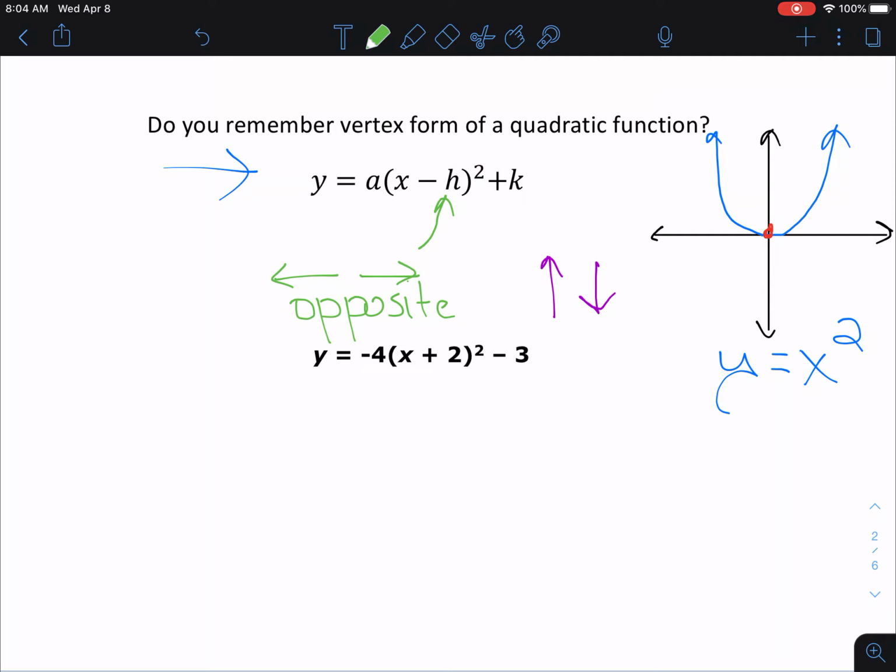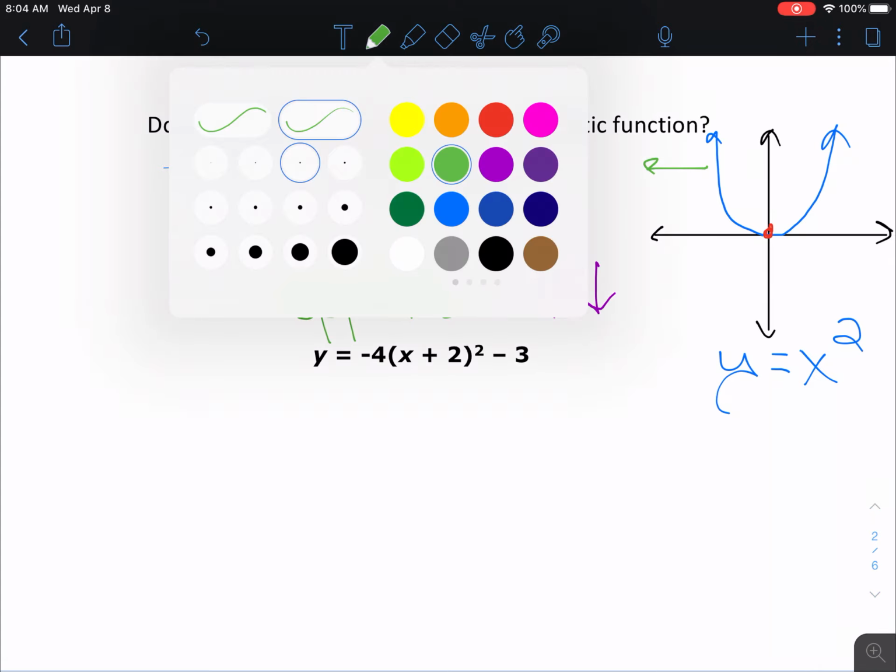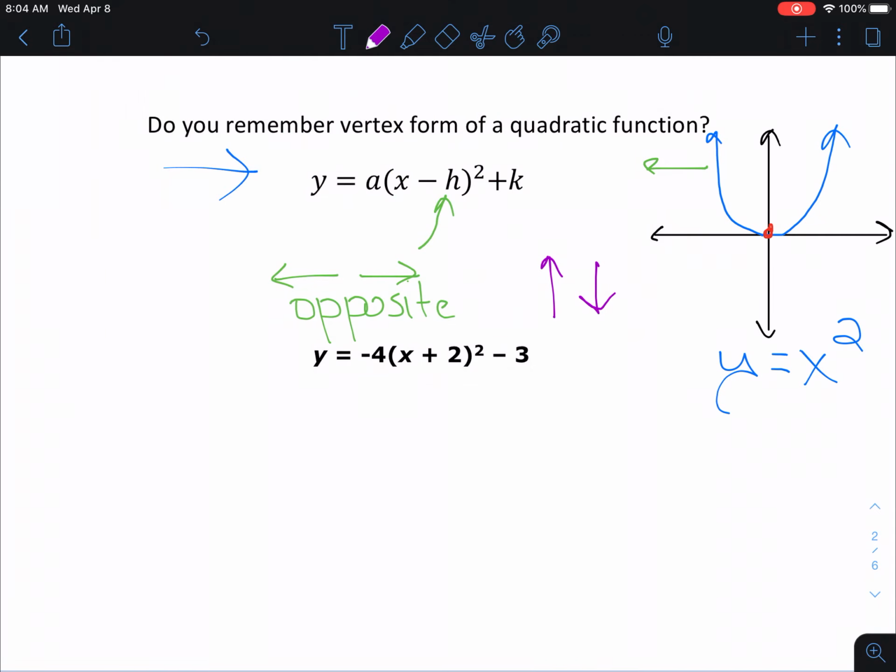If it was x plus 7 quantity squared, you would think plus 7 moves it to the right. Well, it actually moved it to the left 7 units. It would take the whole parent function here in the corner and move it left 7. And by the same token, this k value right here moved the graph up and down.